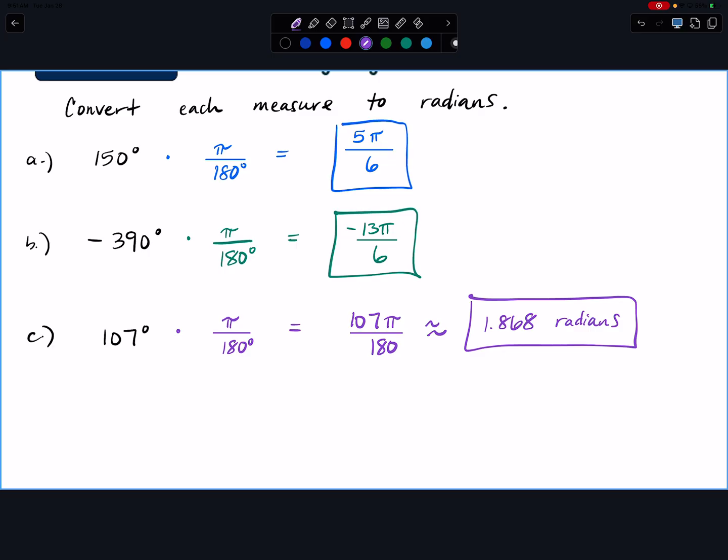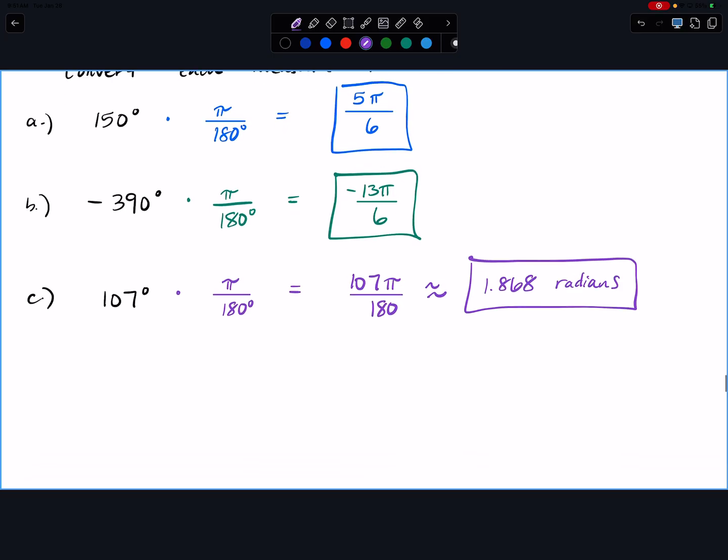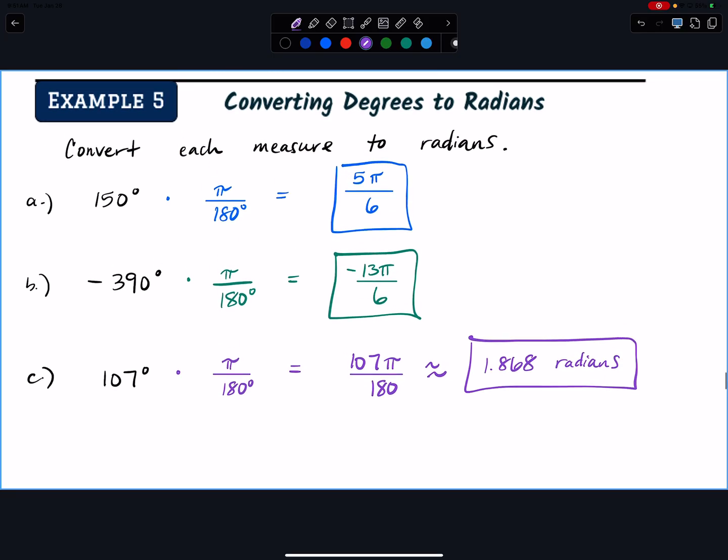So now let's go the other way. Any questions on this problem? No? All right, let's go the other way.